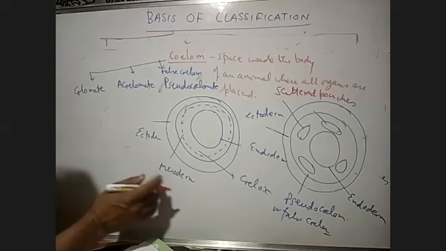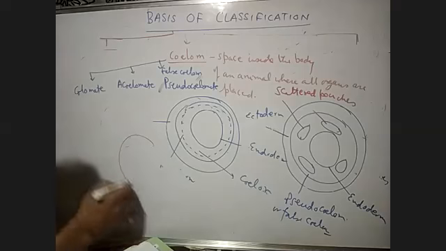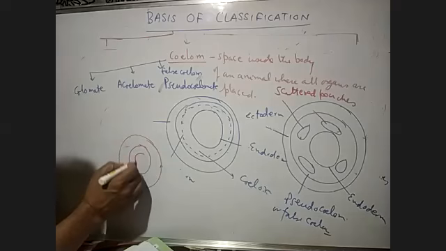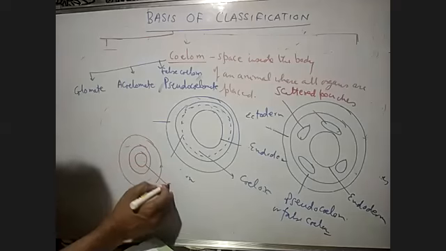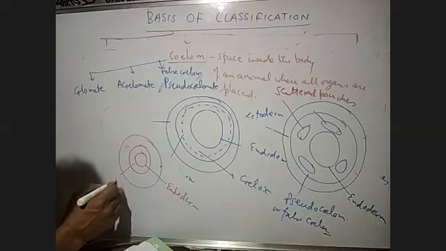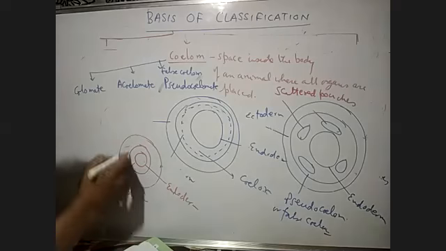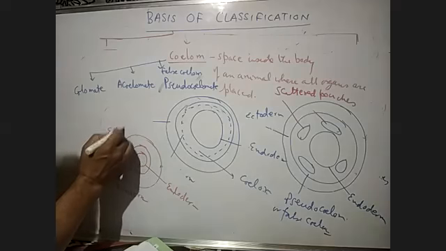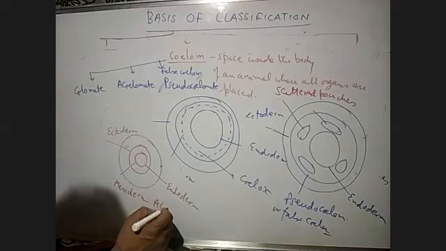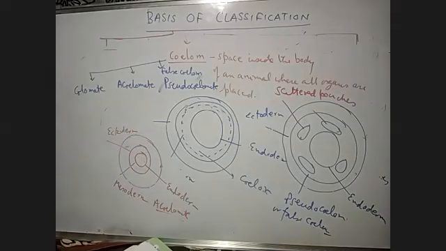If you look at the structure, there will be ectoderm, mesoderm, and endoderm. We don't get the coelom, and these are called acoelomate. In the platyhelminths, we get the acoelomate type of body cavity.